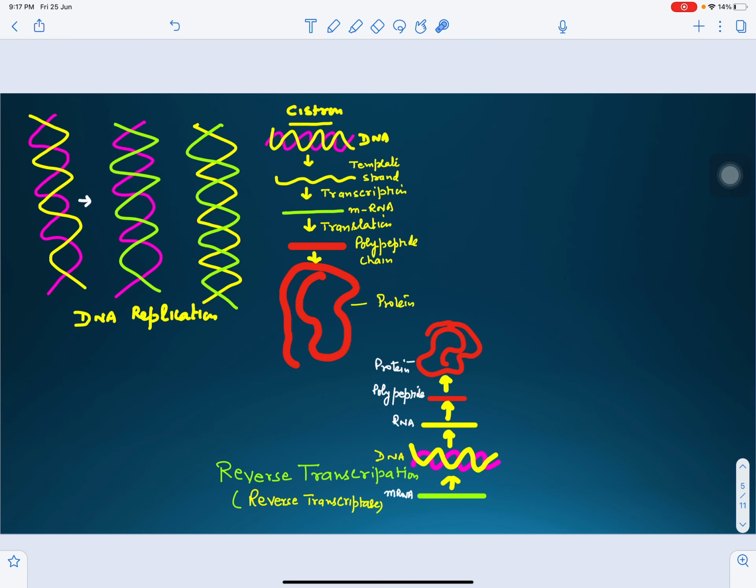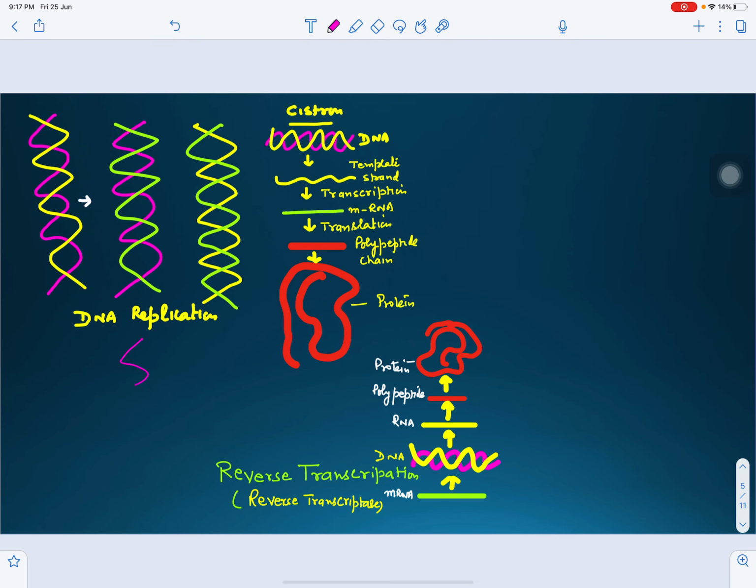First we learn DNA can replicate, meaning its two strands can get separated and each of the strands will form a new strand. Now here the yellow strand has formed the green strand. So from one DNA, two copies have been produced. So further, this DNA will open up.